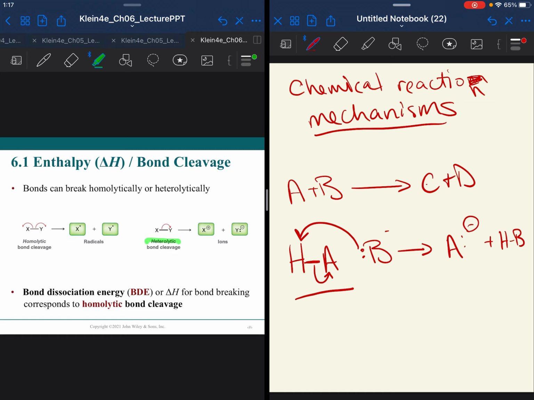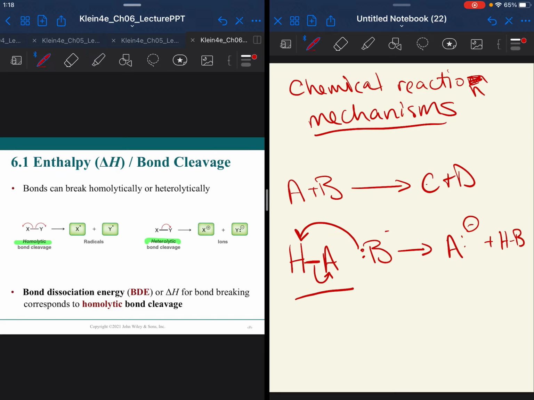Both electrons that were holding H and A together go with the A atom, to what is going to become your conjugate base. We will observe homolytic cleavage when we get to definitely Chapter 10. I think there's an example of a homolytic cleavage even in Chapter 9. And that's where the two electrons of a bond go in separate directions.